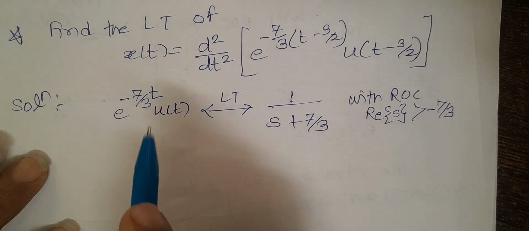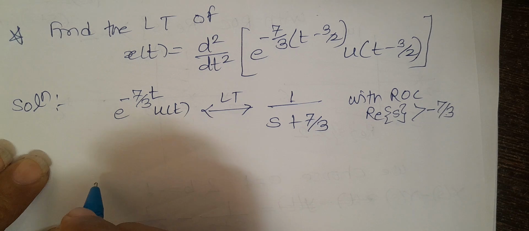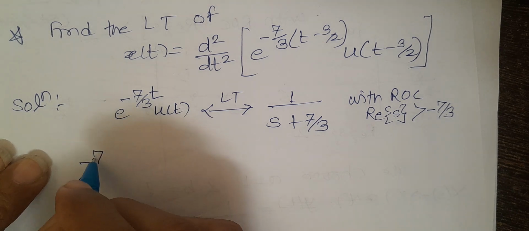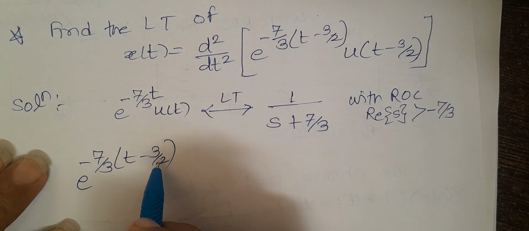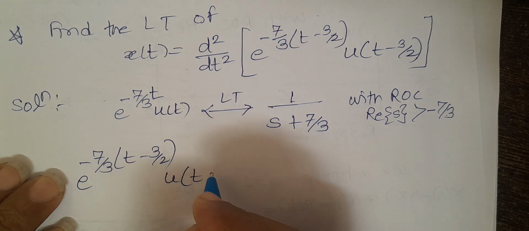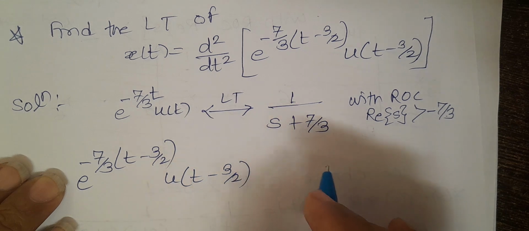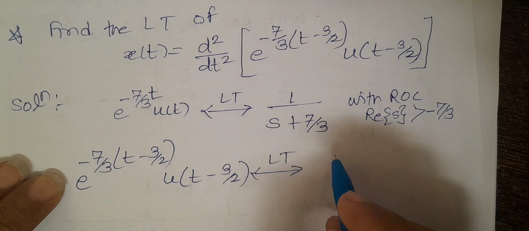If the time is shifted, then by using the time shift property we can write e raised to power minus 7/3 (t minus 3/2), where time is shifted by this factor, times u(t minus 3/2).